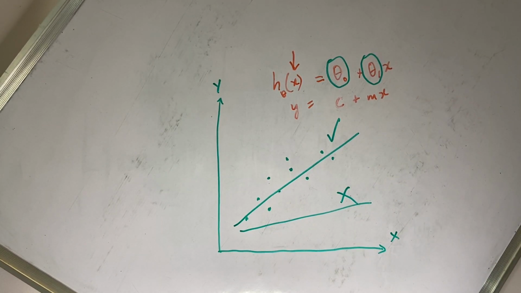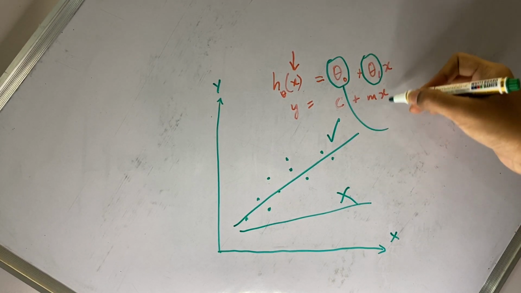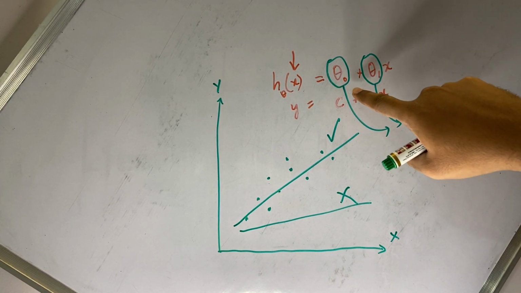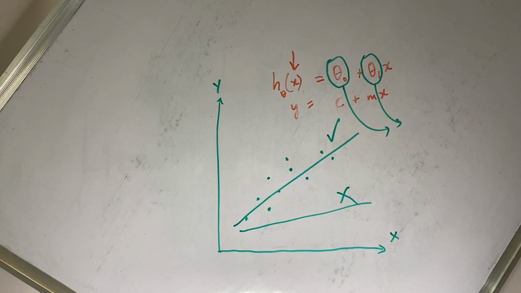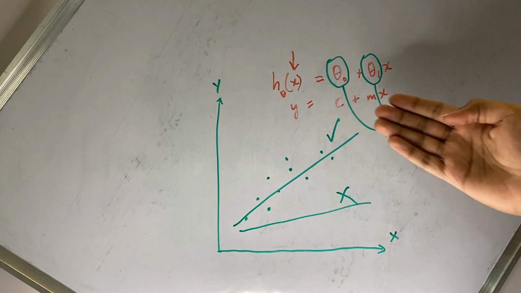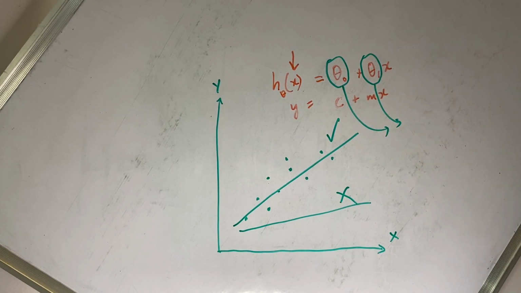Now, how do we tweak theta 0 and theta 1? This is done by our algorithm, which takes in the data and computes theta 0 and theta 1 over a number of iterations. Once it finds that the parameters are optimized, it will stop learning. The final theta 0 and theta 1 that we end up with are the optimized parameters.